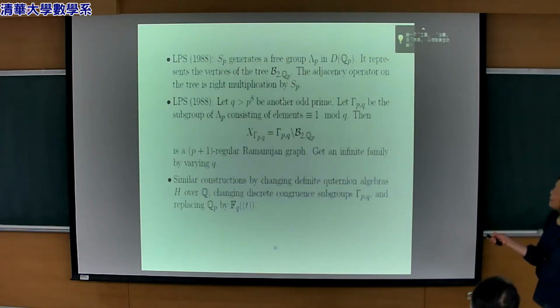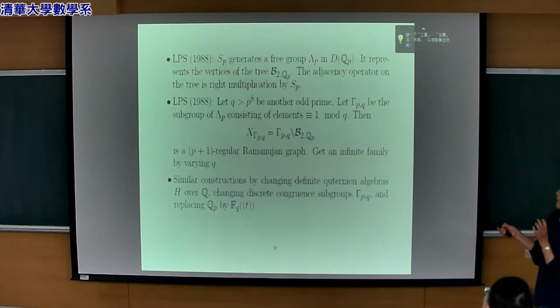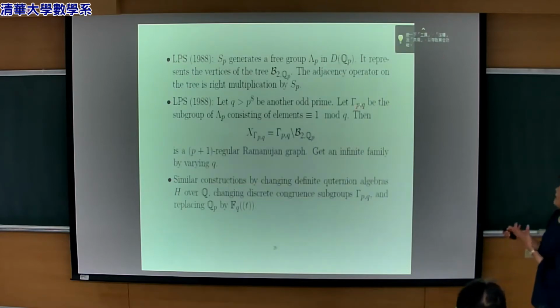And so they show that if we consider another prime, which is large enough, and we now fully take advantage of the fact that the points in Lambda_p have integral coordinates in Z, so I can do this modulo q, sorry, and I pick up the elements which are congruent to 1 modulo q. So this is a congruence subgroup.